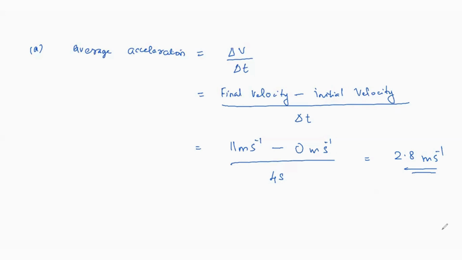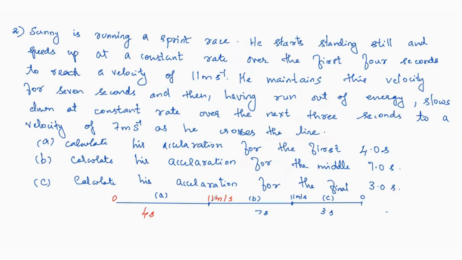Now the second part, he maintained a constant velocity. He maintains this velocity for 7 seconds. That is, there is no change in velocity during the second part of his motion. So during this second part, the initial was 11, the final was also 11, and the time was 7 seconds.